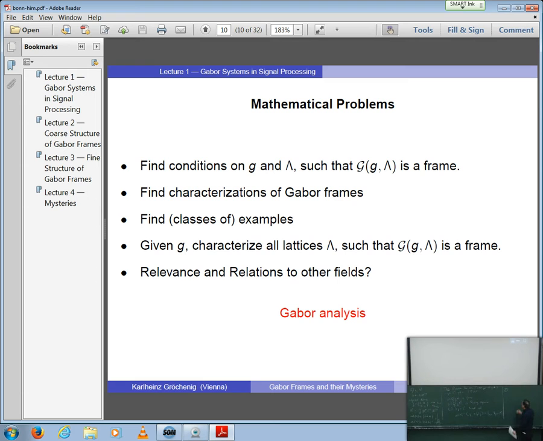So when we look at, once again, frame means that this sum should be comparable to the 2 norm of f. So we are interested in estimating this sum of inner products.